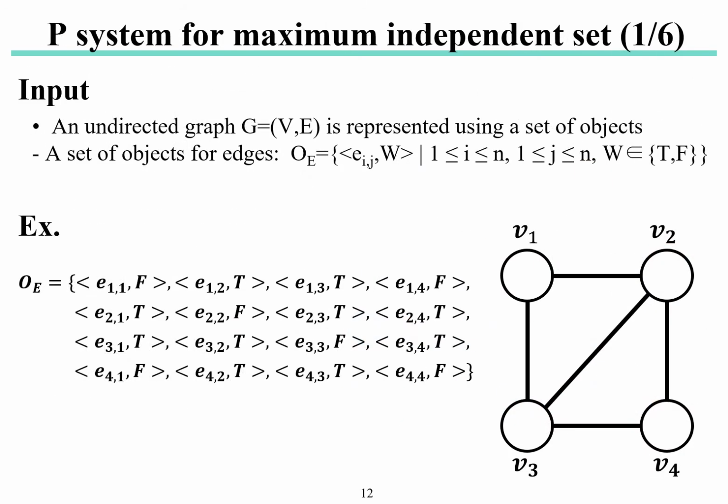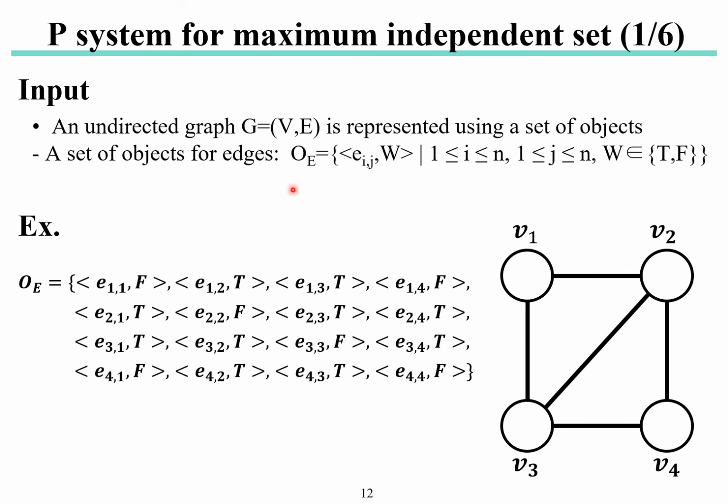Now, I'd like to explain the procedure of our proposed P system with branch and bound. The input of the maximum independent set, which is an undirected graph G, is represented using a set of objects. In this P system, there is no set of objects for vertices, and OE is a set of objects for edges, given like this.